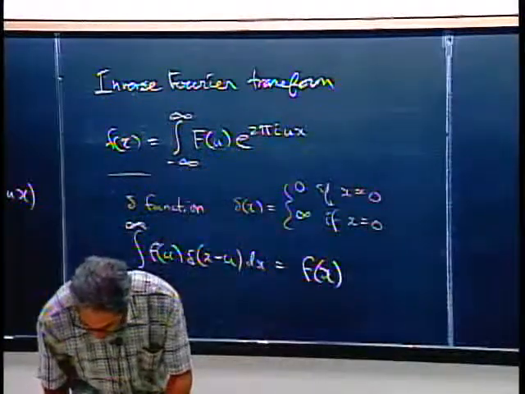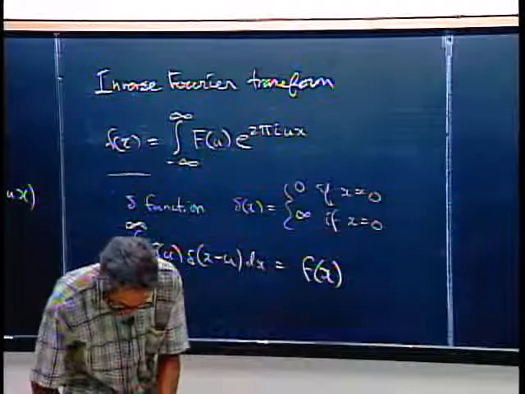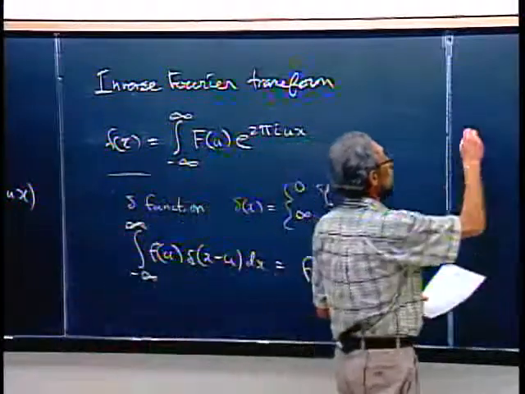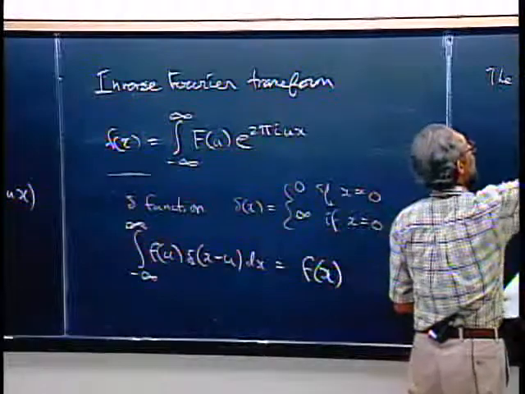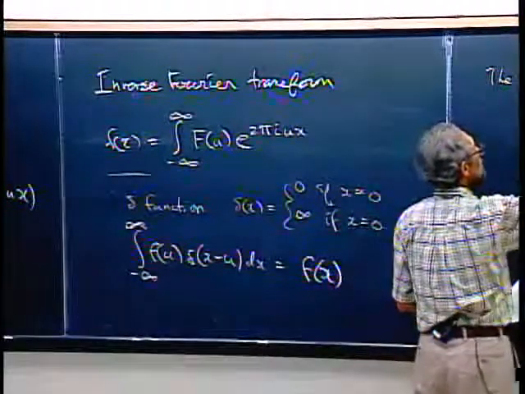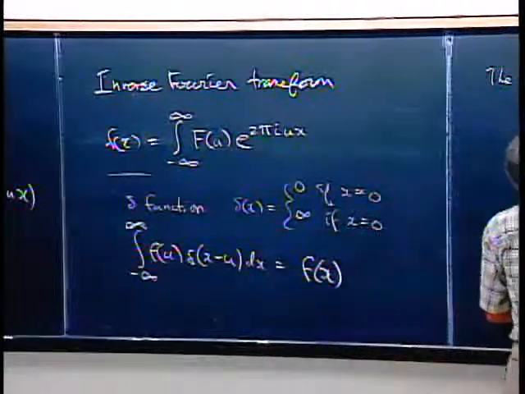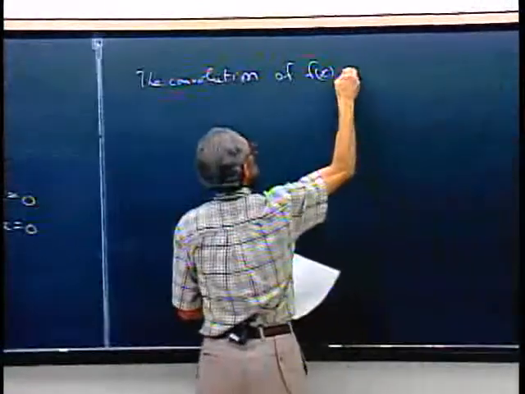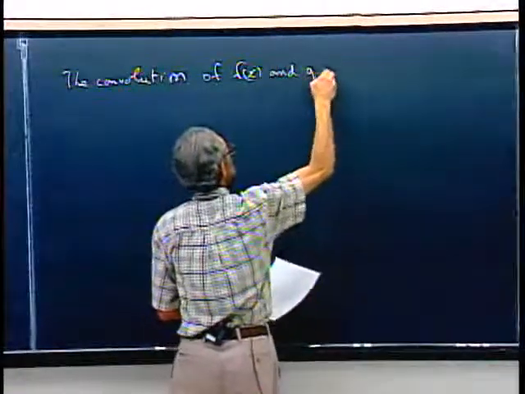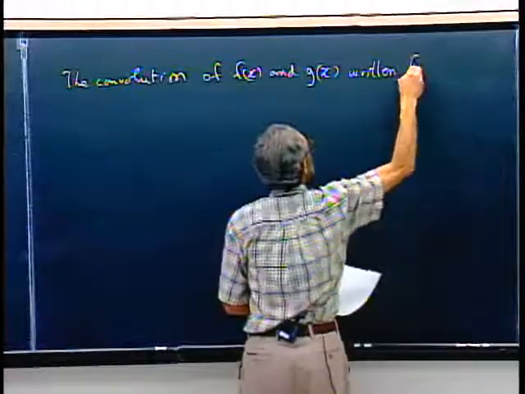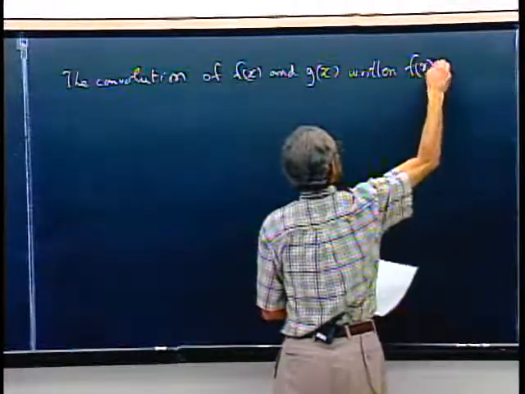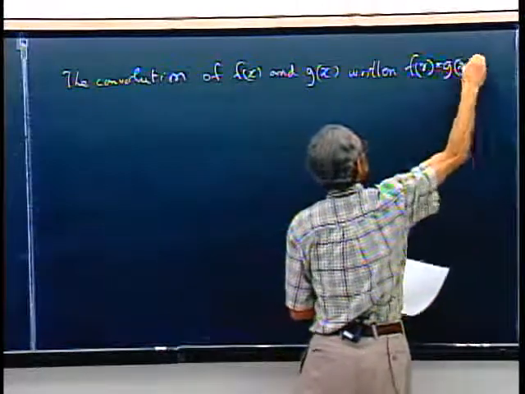Okay, so I need one more definition, which is the convolution of two functions, say f of x and g of x, and it's written f of x with a star, g of x.